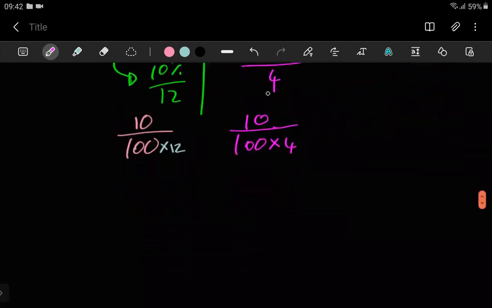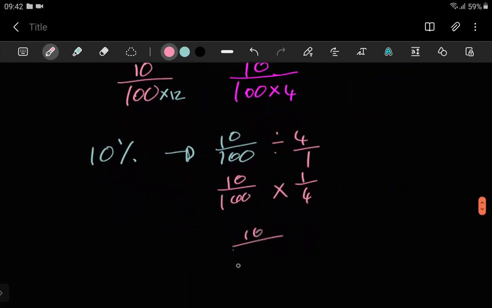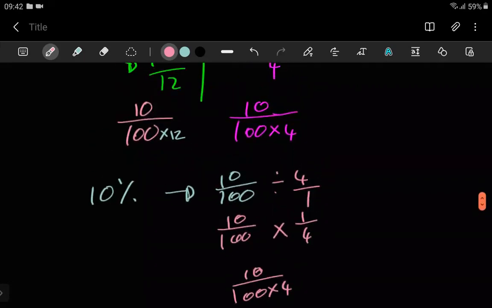Because remember, 10% divided by 4, if you look at it nicely, 10% is 10 over 100. So this divided by 4, remember, you're going to flip this over and change this to a multiplication symbol, and then you have your 10 over 100 times 4. So that's what you can always do.